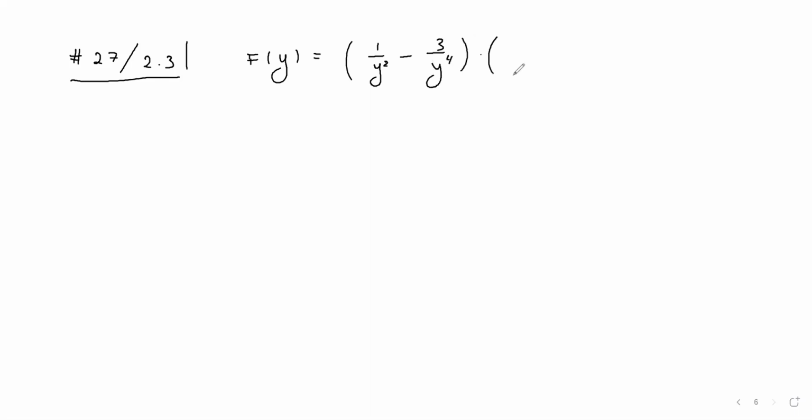So number 27 over here from 2.3, the extra twist is, let me write it out. So f of y equals 1 over y squared minus 3 over y to the 4, times y plus 5y cubed.